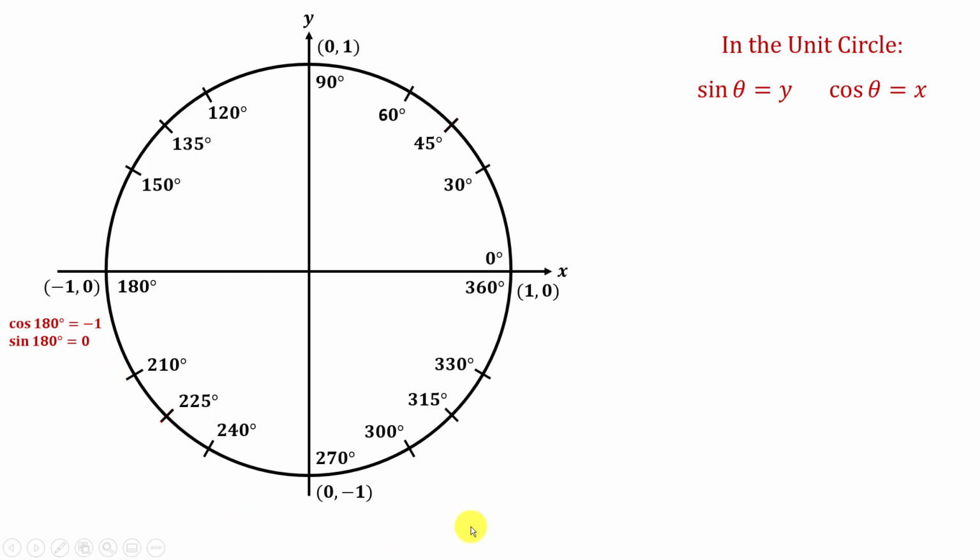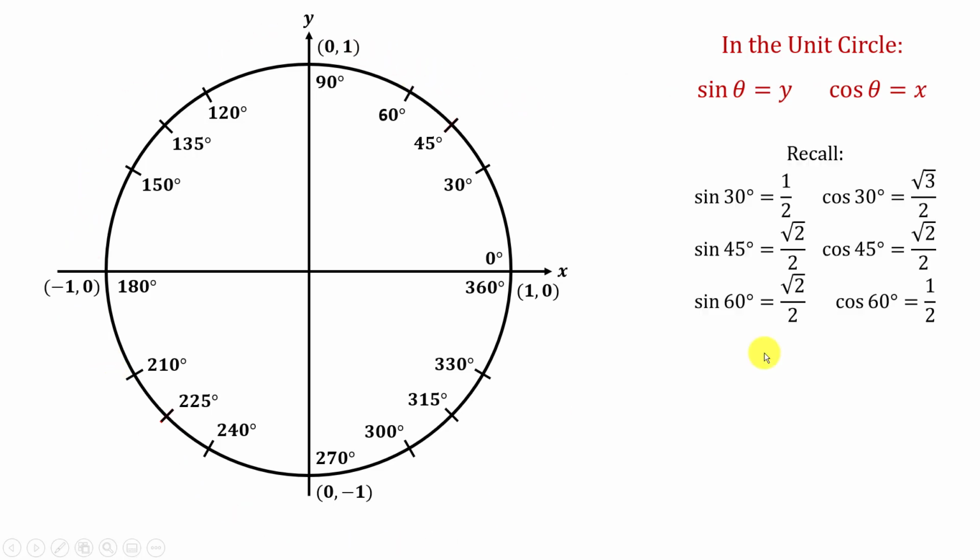Now let's label more points around the unit circle because we know something that will help us with that. And I'm talking about function values, specifically sine and cosine, for the 3 special angles, 30, 45, and 60. Remember those? We already know what sine and cosine values of those angles are. And that means the following.